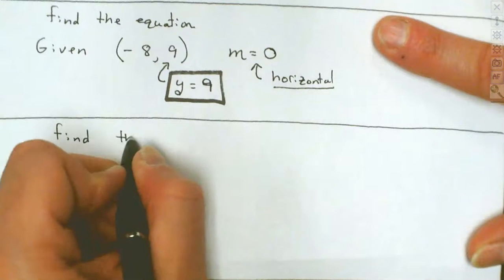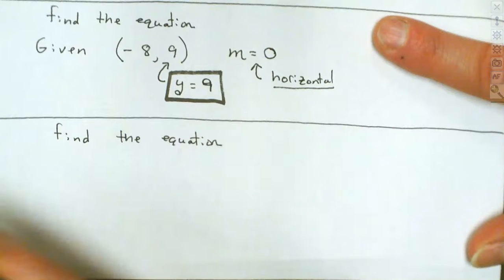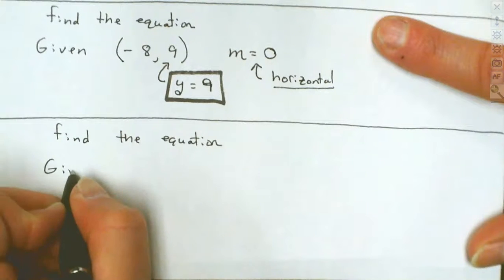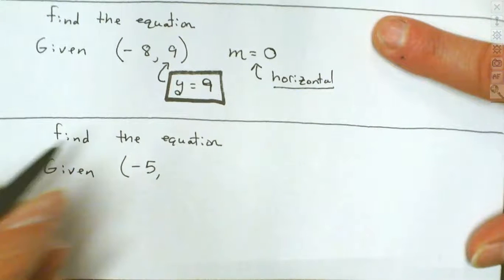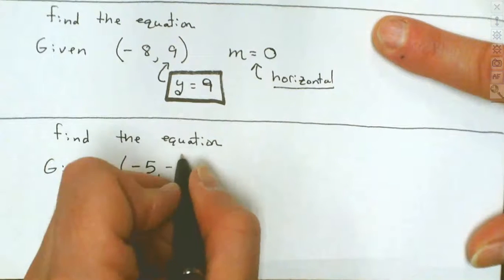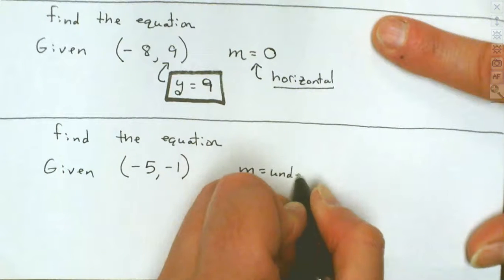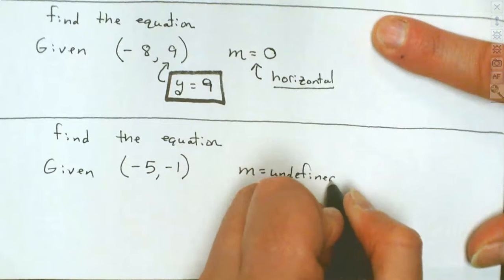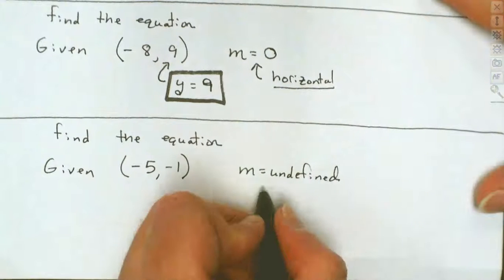So let's find the equation again. And let's say you're given -5, -1 and an undefined slope. So if your slope is undefined, what does that mean?